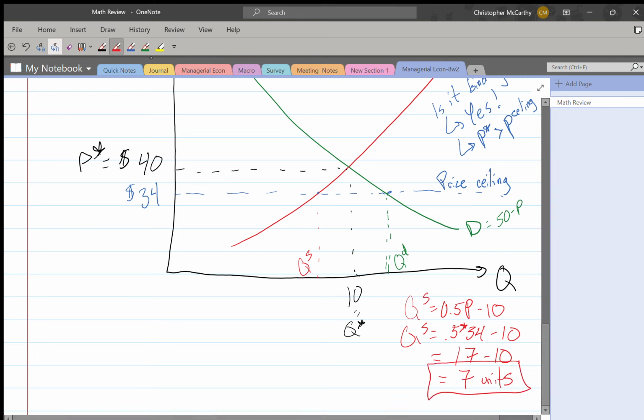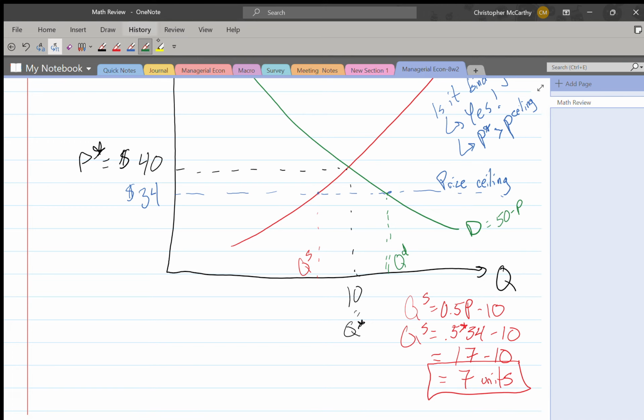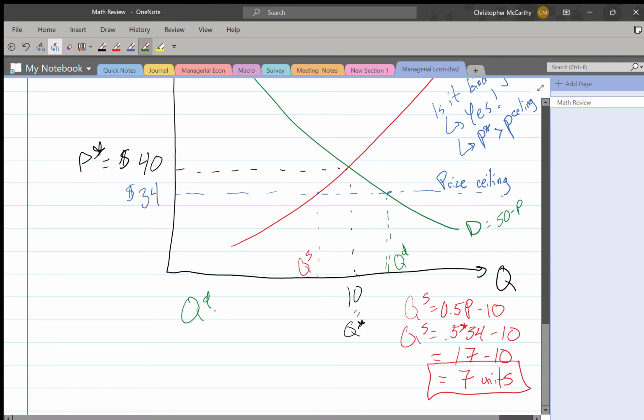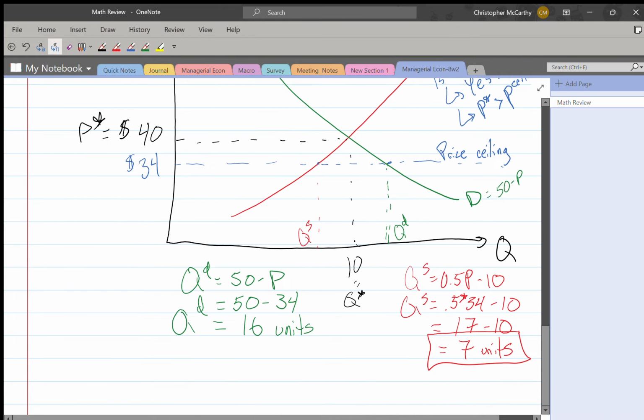But how many units are demanded at $34? This is going to be 50 minus P, and we know that P is 34. So this is going to be 16. So we have 16 units demanded, and we have 7 units that are actually supplied, right?